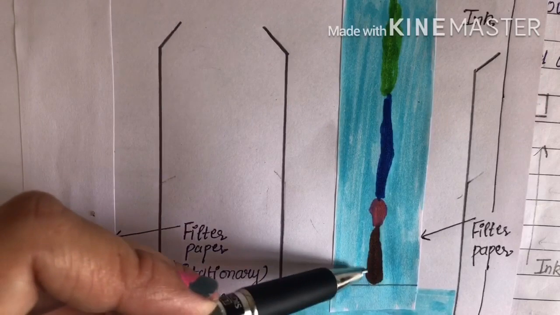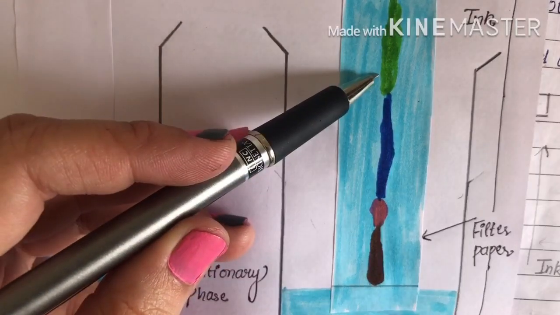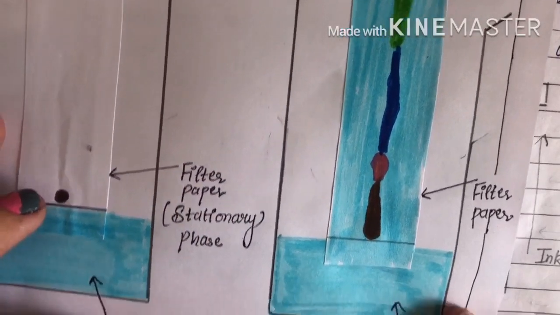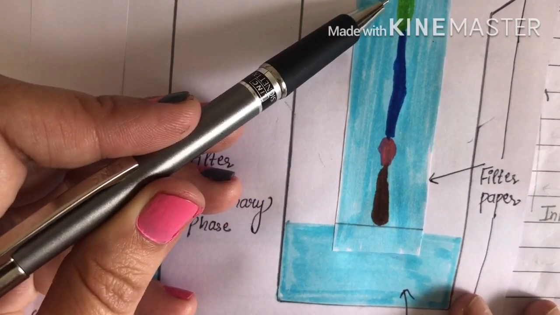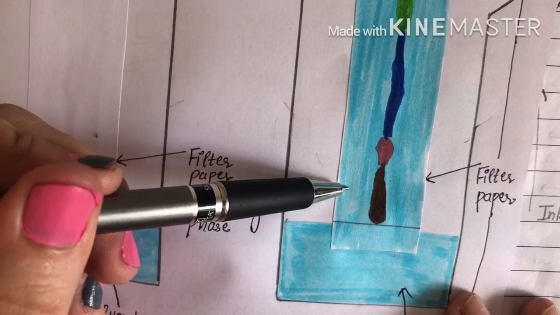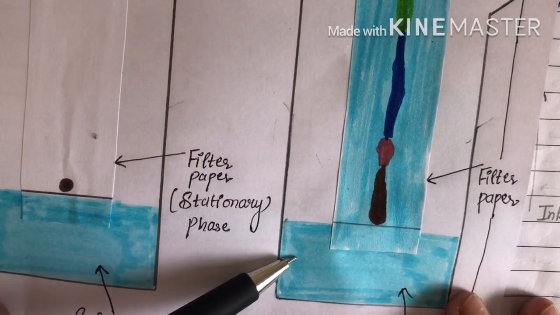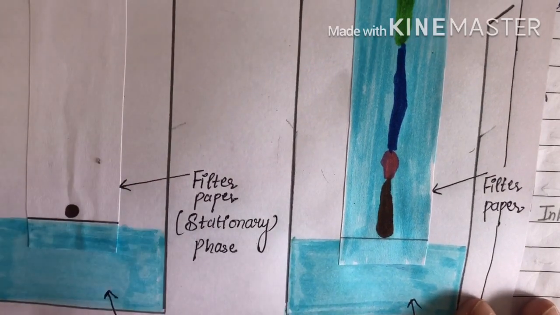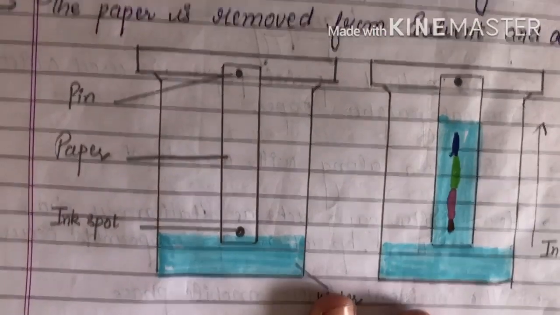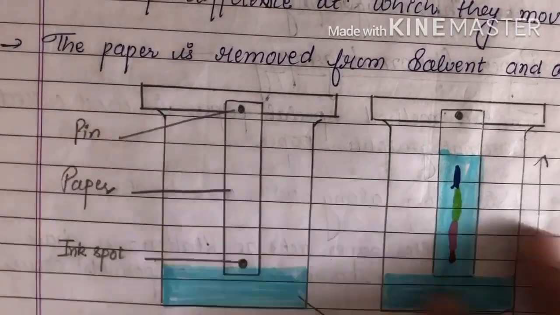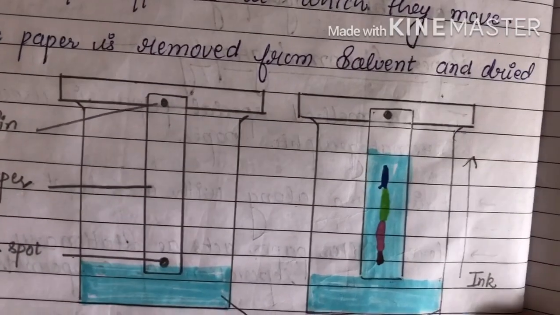The component which is more soluble rises faster as compared to the other. So here you can see the various colored spots. With the help of this chromatographic paper and the solvent, you separate the colored components. After this, the paper is removed from the solvent and dried.